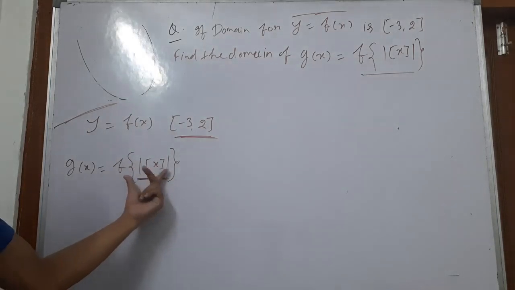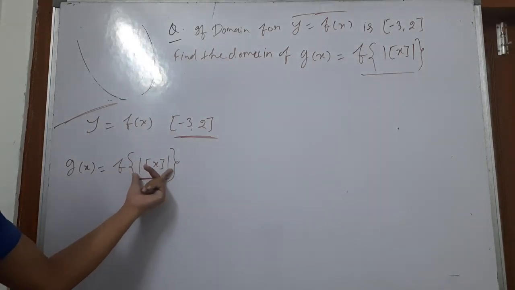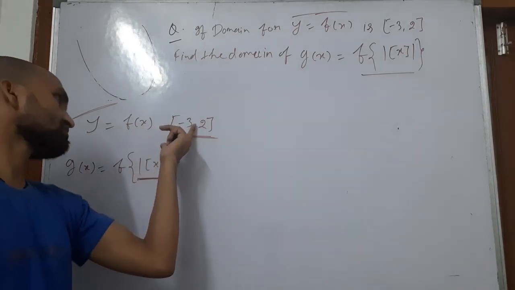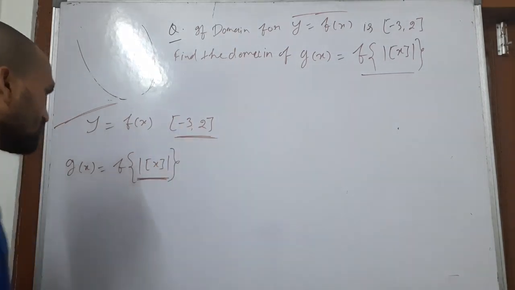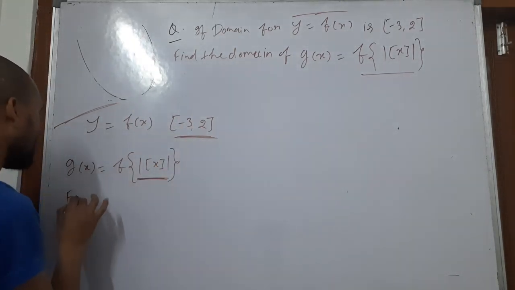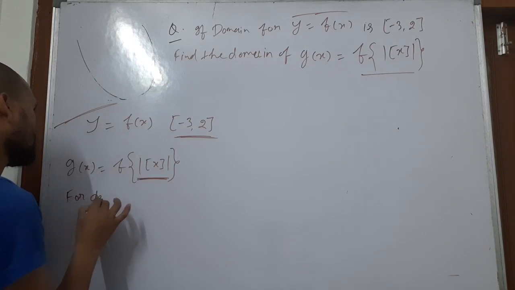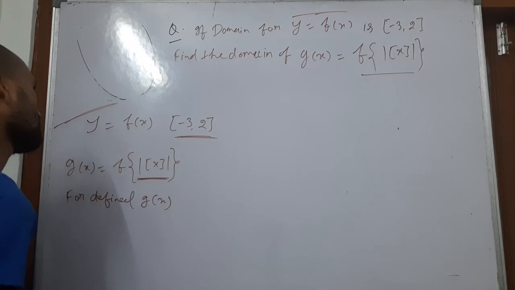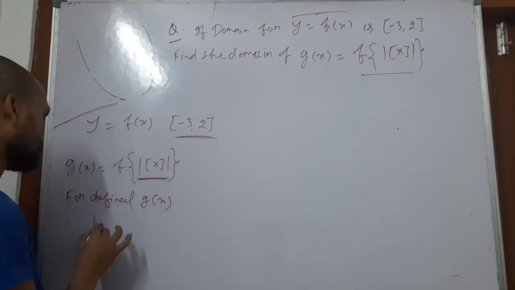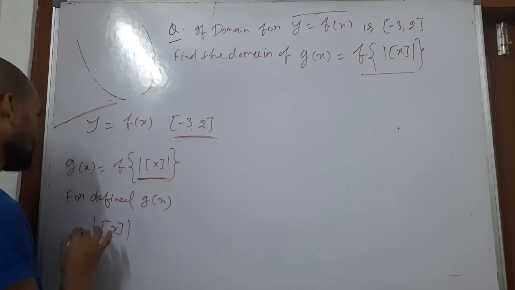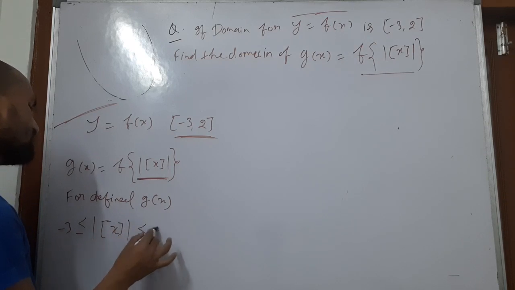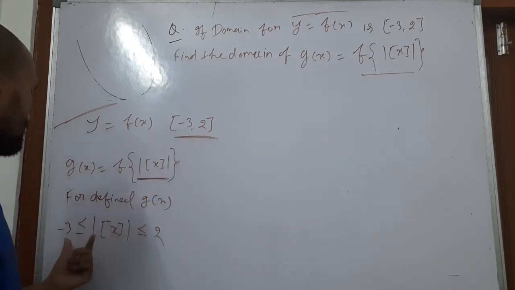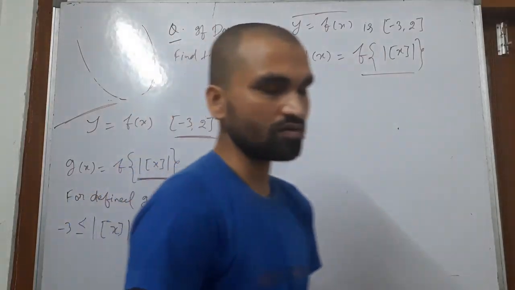For g(x) to be defined, this value, mod of greatest integer x, should be greater than or equal to minus 3 and less than or equal to 2, because this interval is greater than or equal to minus 3 and less than or equal to 2.